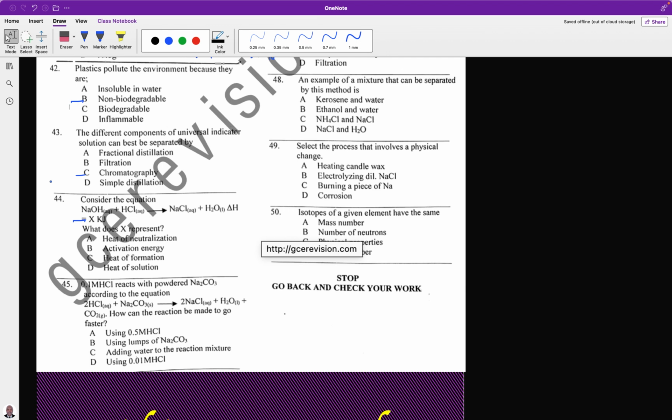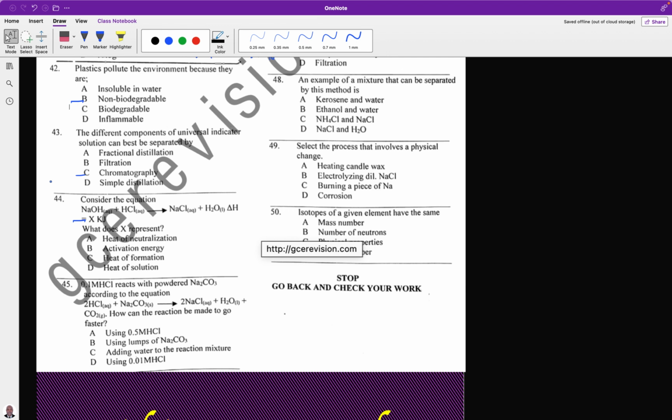Remember, I said this is a neutralization reaction. If we were to measure the enthalpy change here, we would be measuring the enthalpy change of neutralization. We will not be measuring the enthalpy change of activation, formation, or solution.